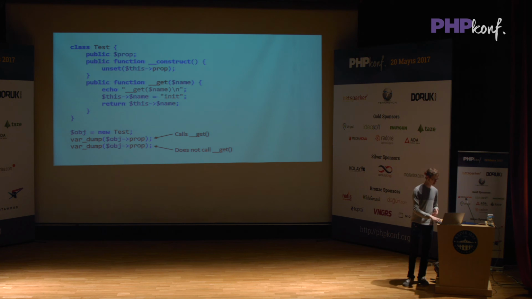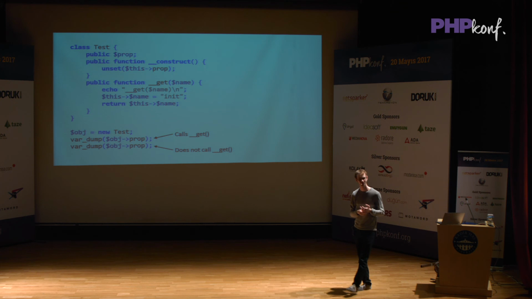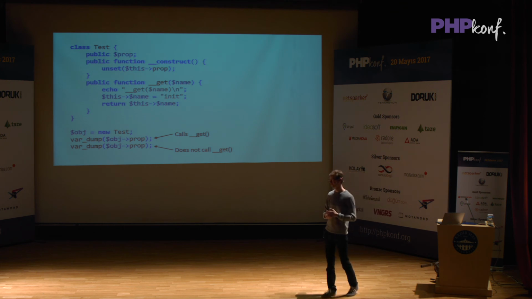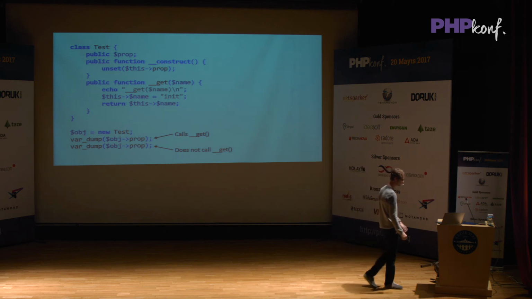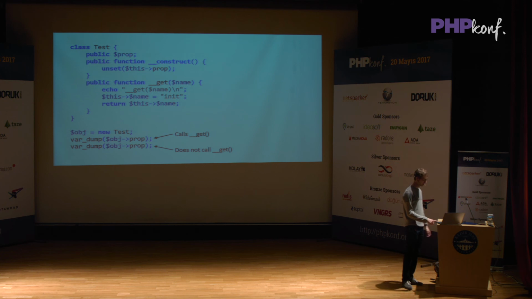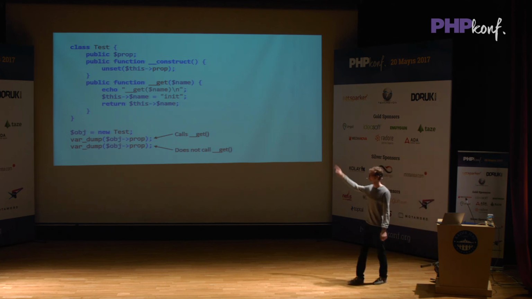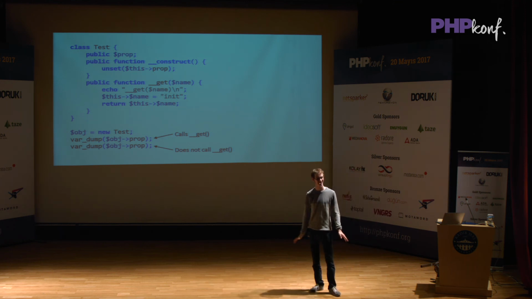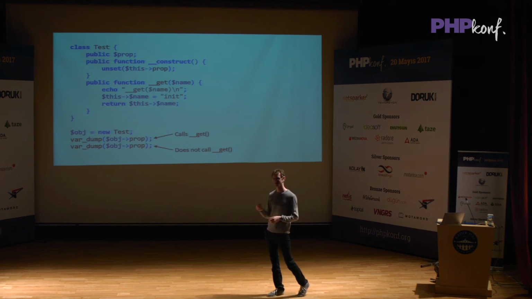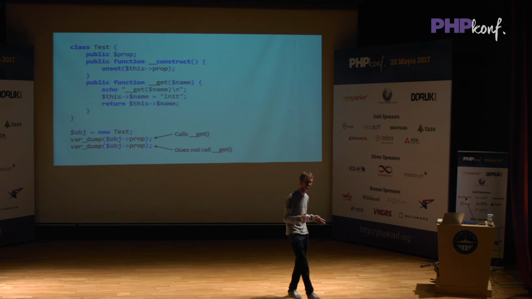And this kind of functionality is also heavily used by some libraries. For example, I think Doctrine is pretty much based on this, which I actually found out only relatively recently because supporting this internally is a bit of an inconvenience because we have to check for undefined properties all the time, even though we would prefer not to.